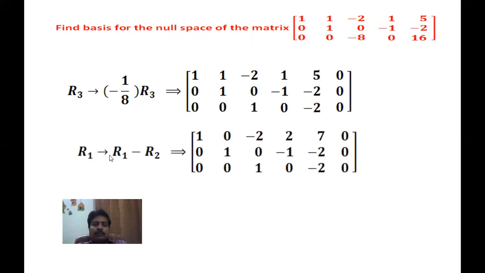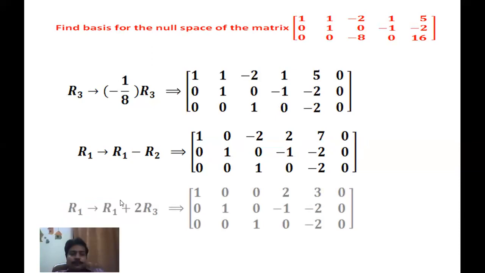For that, R1 goes to R1 minus R2. We are subtracting this from this. So it is 1, 0, minus 2, 1 minus of minus 1 is 2, 5 minus of minus 2 is 7, 0. Remaining 2 rows are as is.